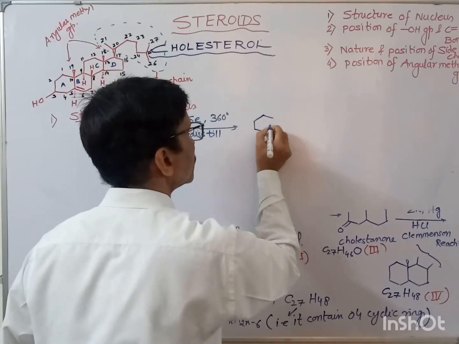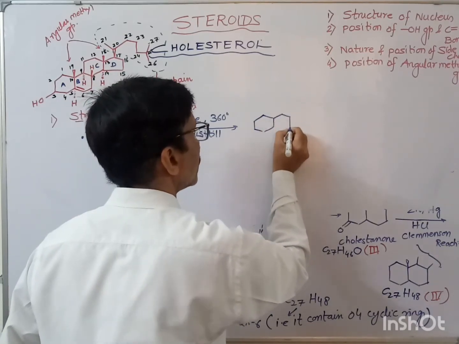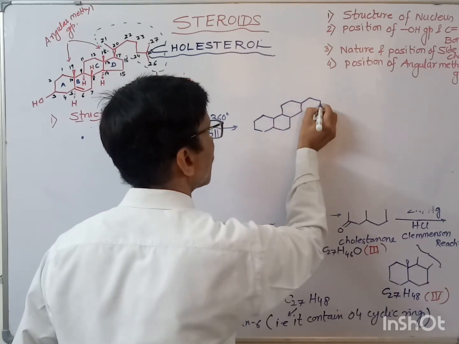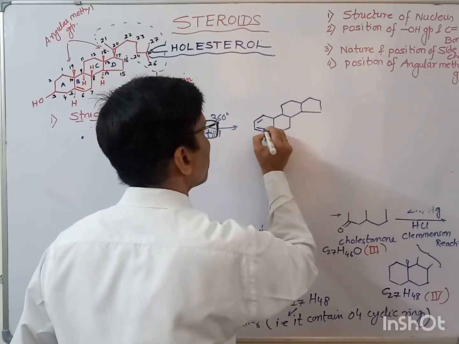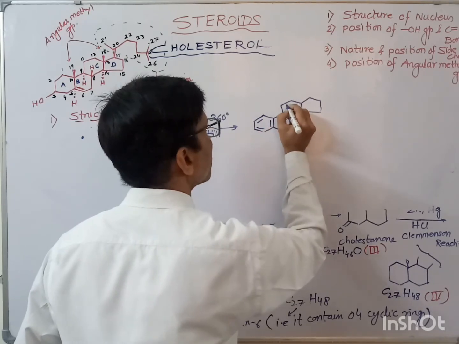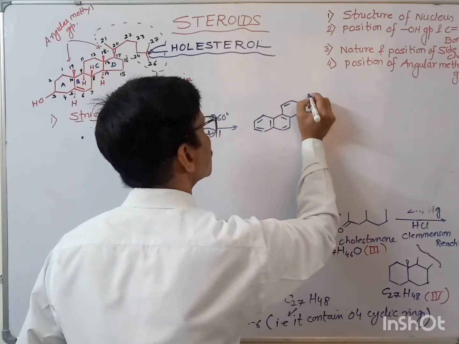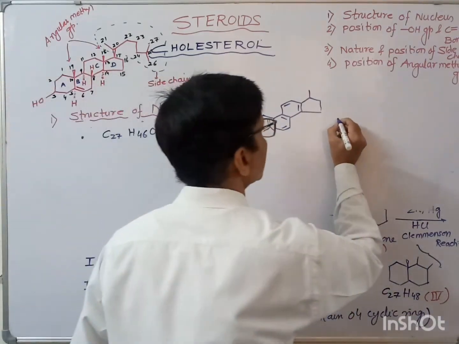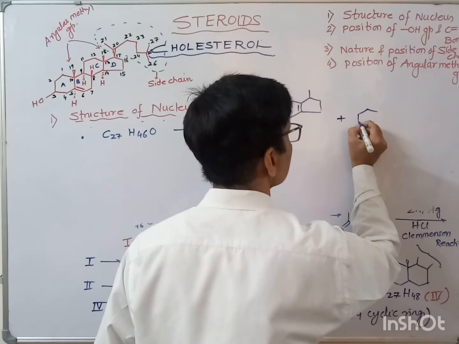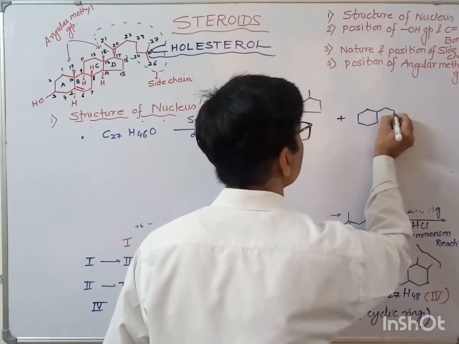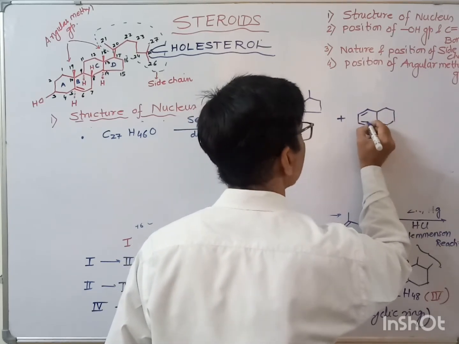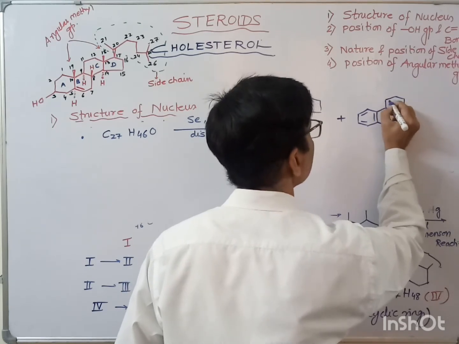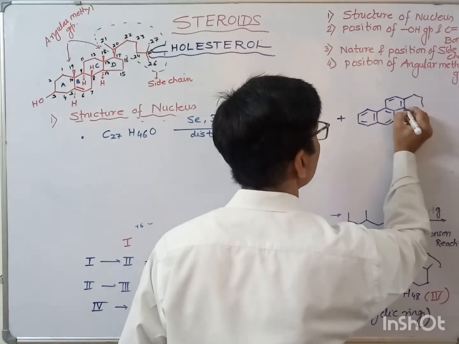So the Diels hydrocarbon was obtained. This is the structure of this Diels hydrocarbon, and glycine was also obtained.